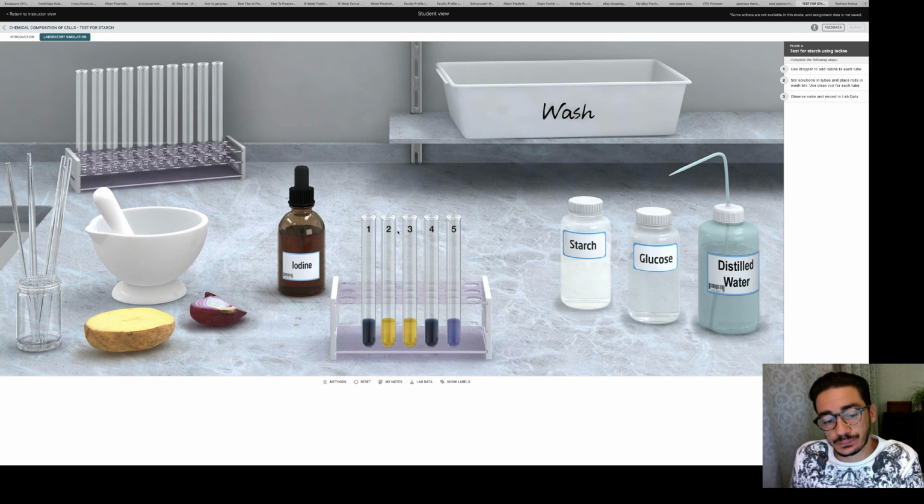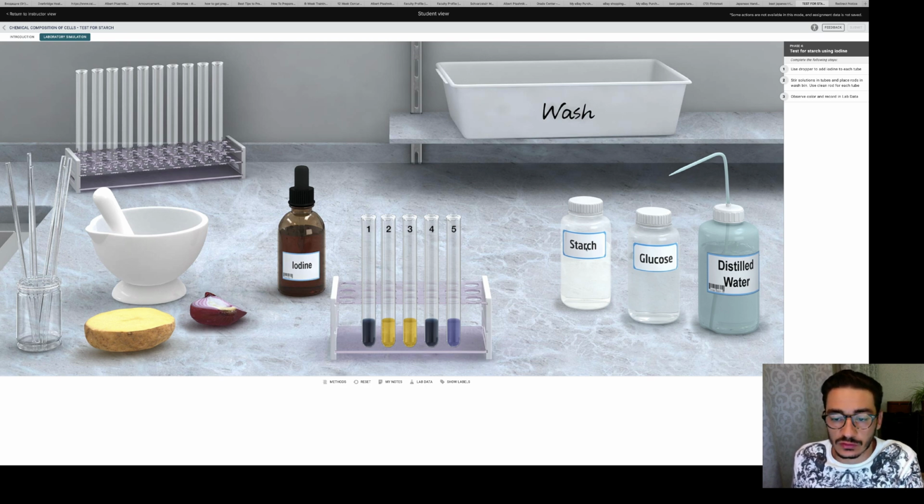So first of all, you have starch. This is a known ingredient, and it's going to act as a positive control. The first tube is the positive control, because you know this is starch and it's going to interact with iodine. We put iodine, and it's going to turn from yellow-brown to dark, right?